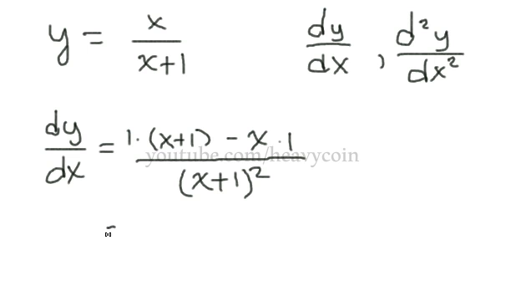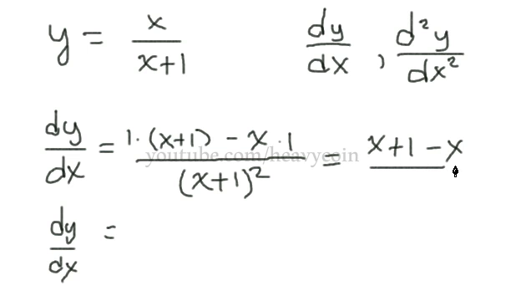Now what I'm going to do is clean this up a little bit, make life a little easier on us. So we have dy over dx is equal to x plus 1 minus x times 1. Let me just write it over here. This is x plus 1 minus x.